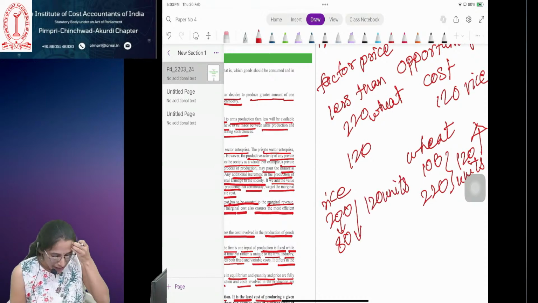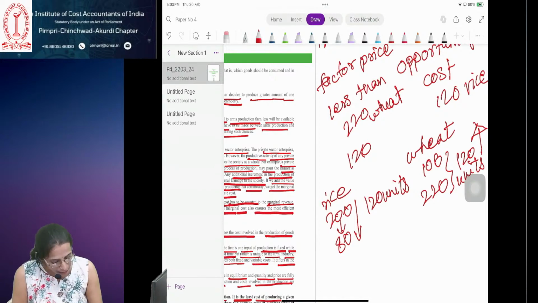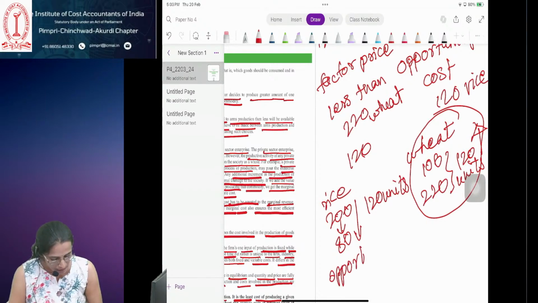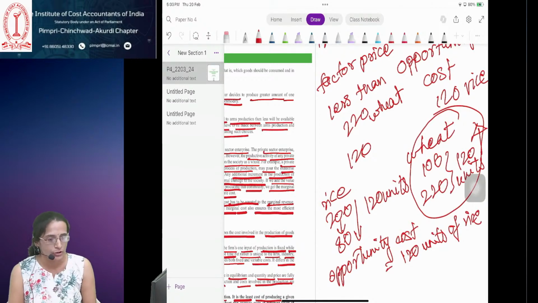So what is the opportunity cost of wheat here? How much rice do we forego? 120 units. So the opportunity cost of wheat is 120 units of rice. So we got the opportunity cost.